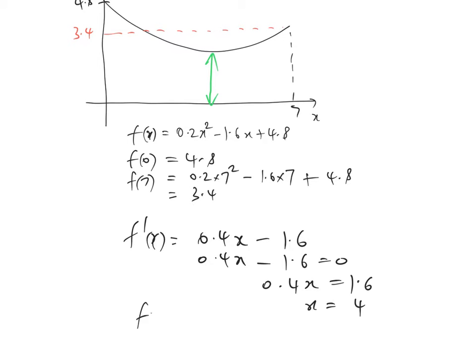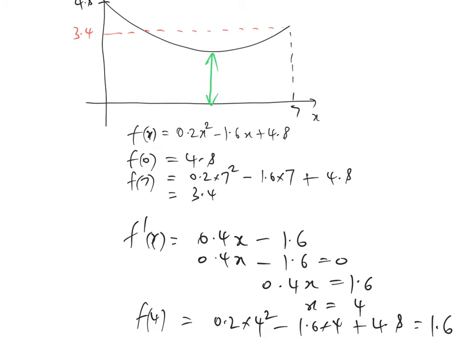We now need to substitute 4 into the original equation to calculate the height that the rope is above the water. So if we do that, f(4) is equal to 0.2 times 4 squared minus 1.6 times 4 plus 4.8, which is equal to 1.6.